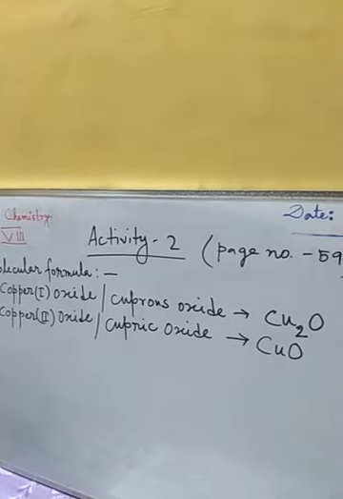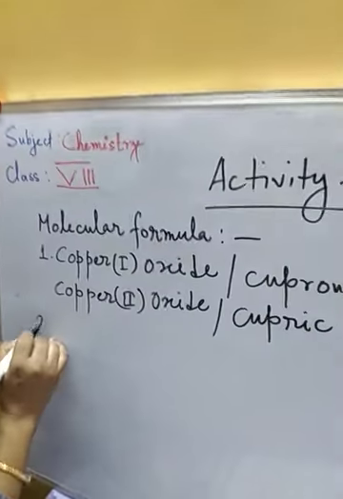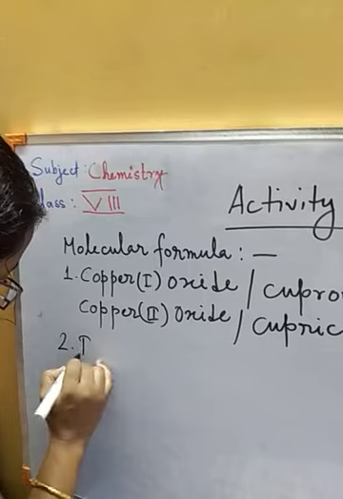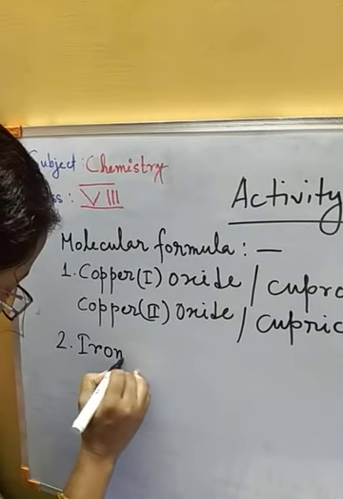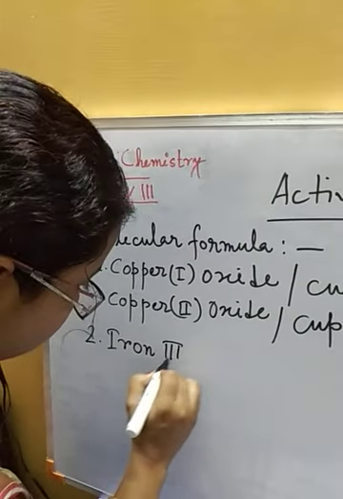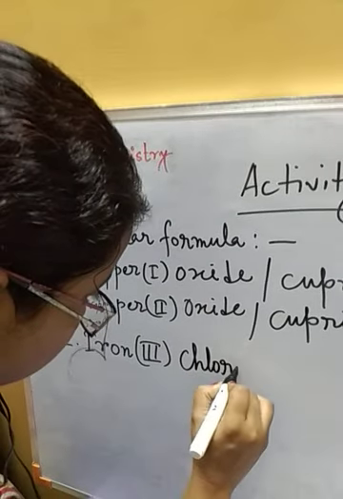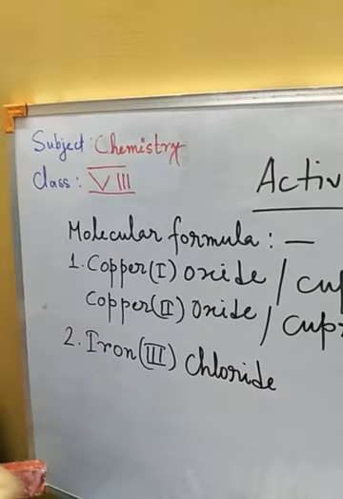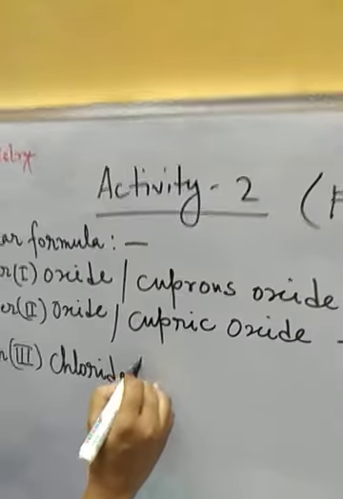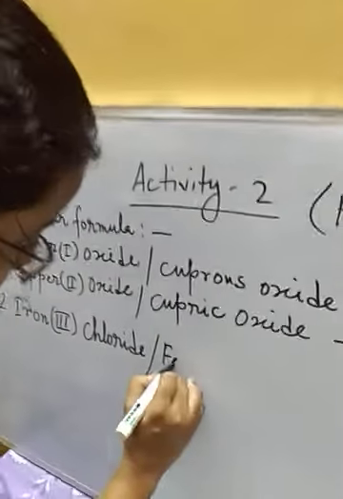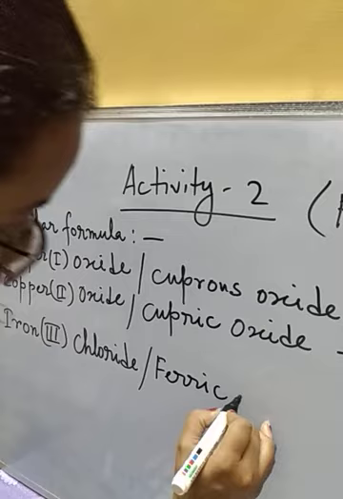Next, number 2, iron 3 chloride. Okay, this is called ferric chloride also.